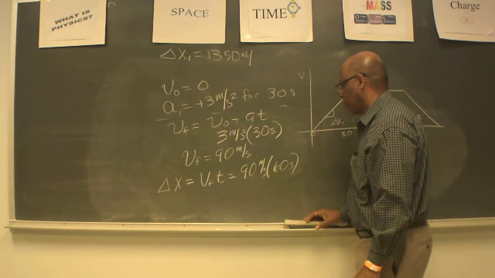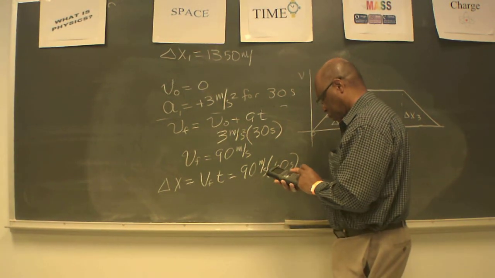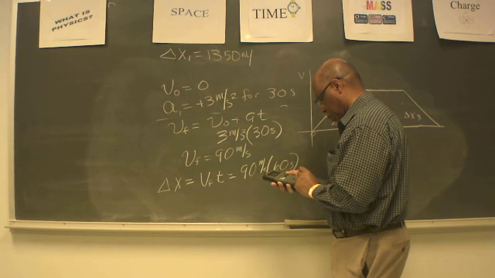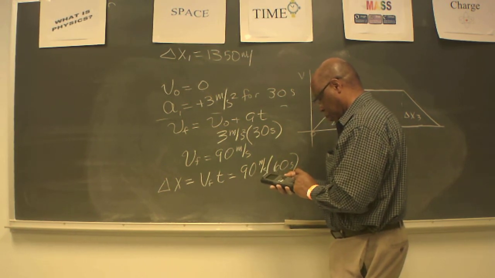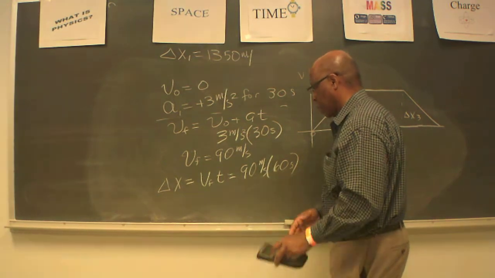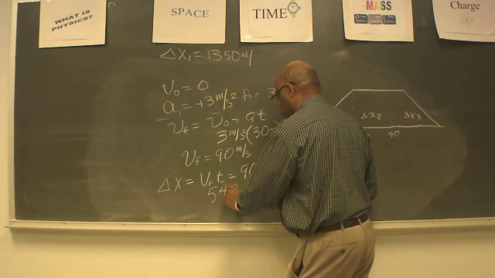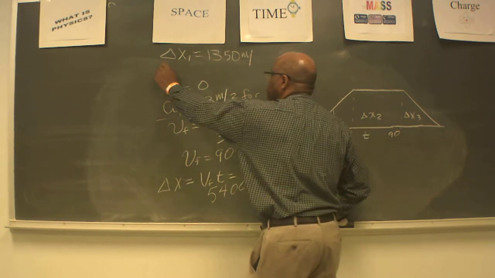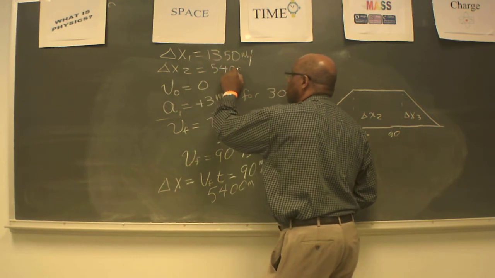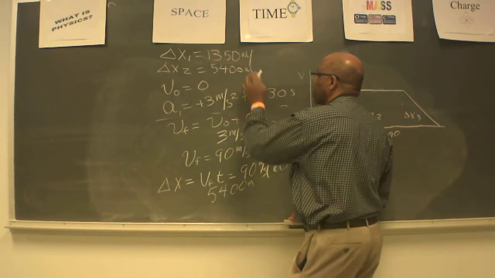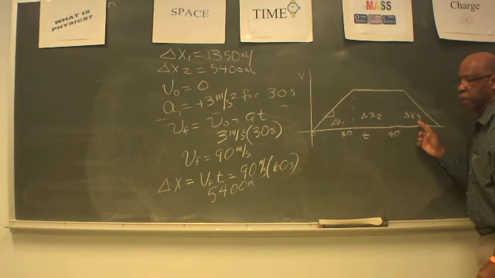Now, we have our delta x2. That, of course, is 5,400 meters. And for the last part, delta x3.